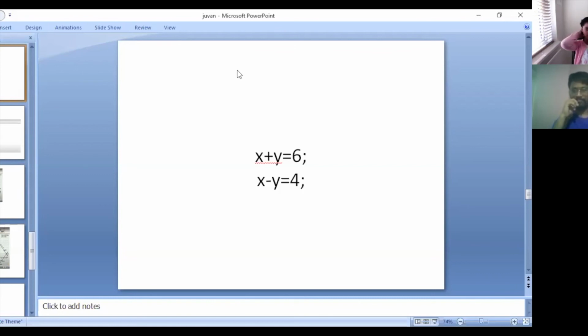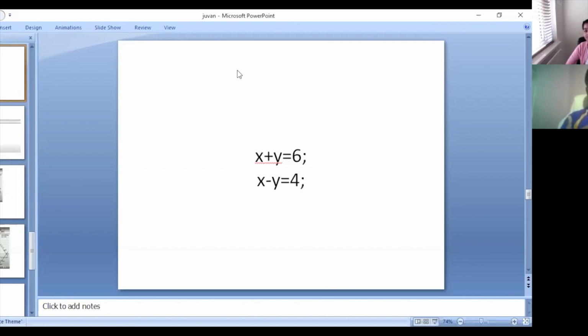And 3 and 3 can be, right? 1 and 5, and 6. Those values can also be inverted. We can give the value of x as 1 and y as 5, and in the same way x as 5 and y as 1. We can invert the values.